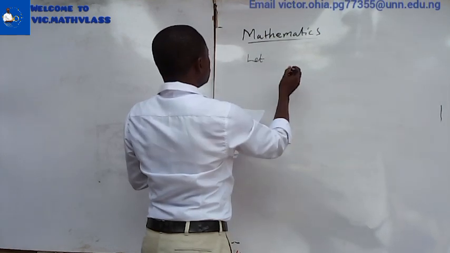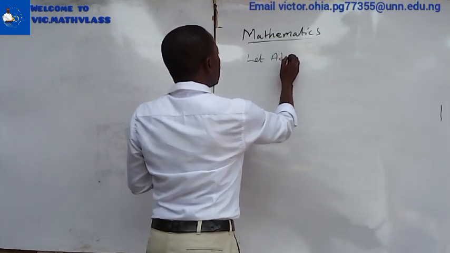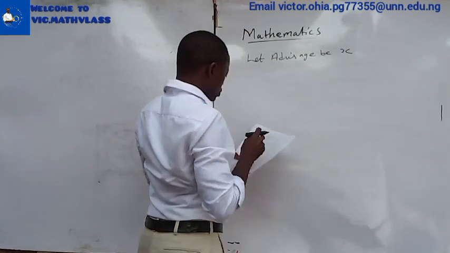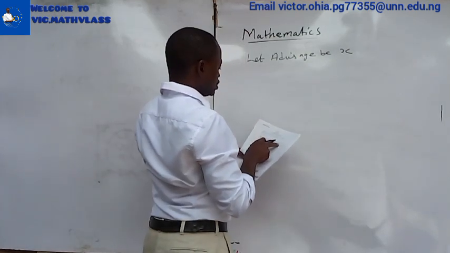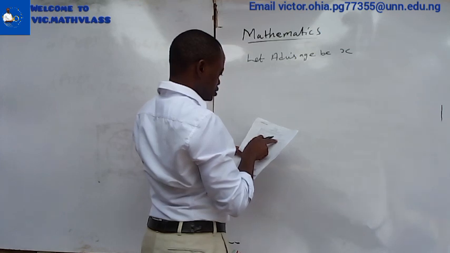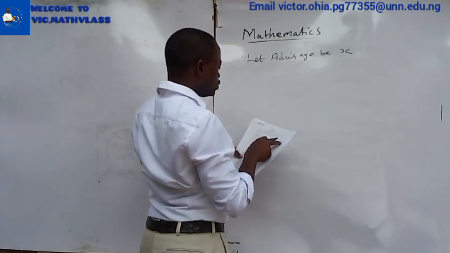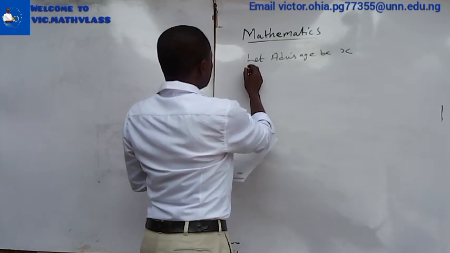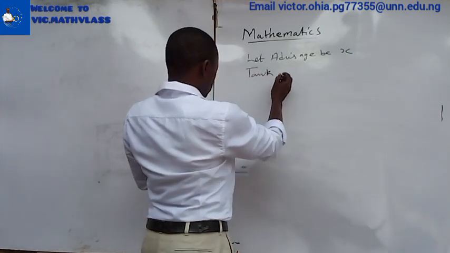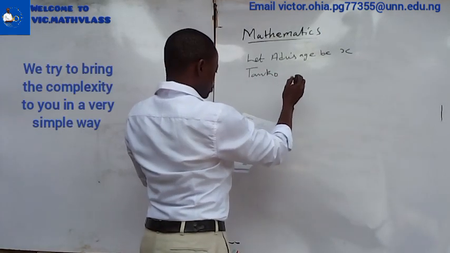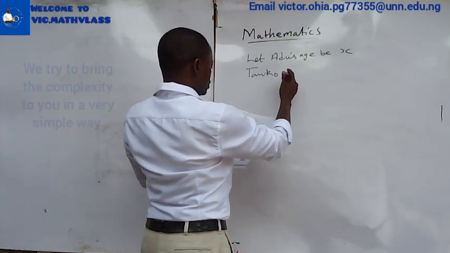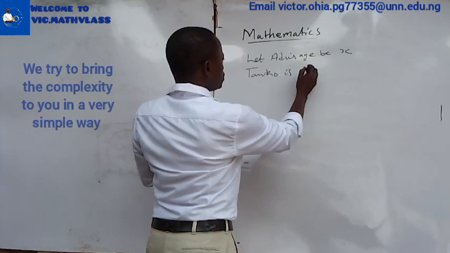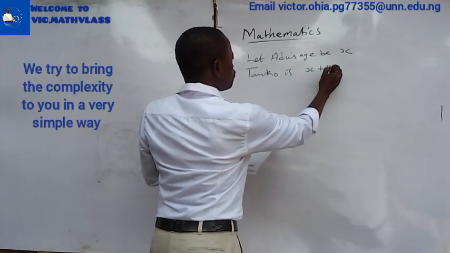I am describing Adu, so let Adu's age be X. Having described that, by the statement that says Tanko is 4 years older than Adu, I will write it for them and do the mathematics that is in it. Then Tanko is X plus 4.